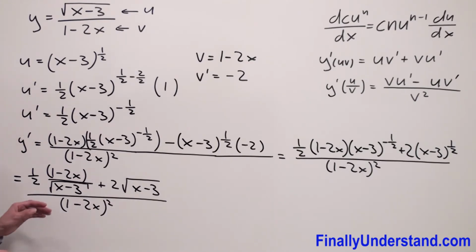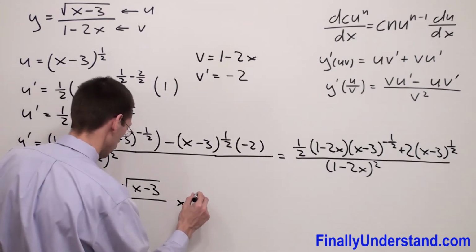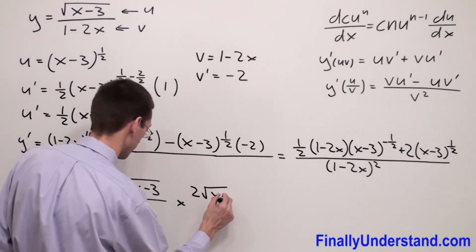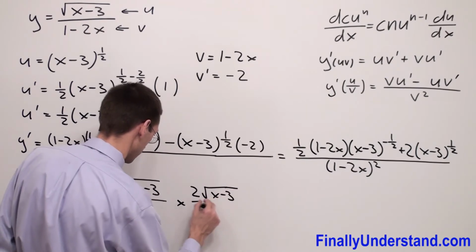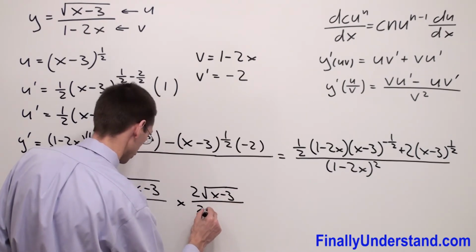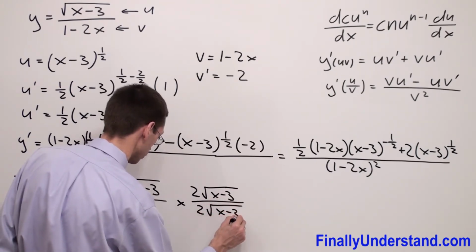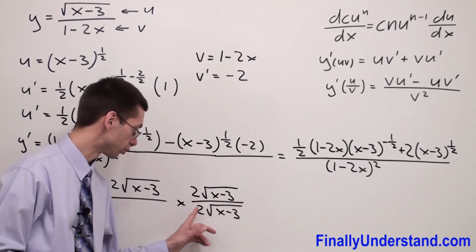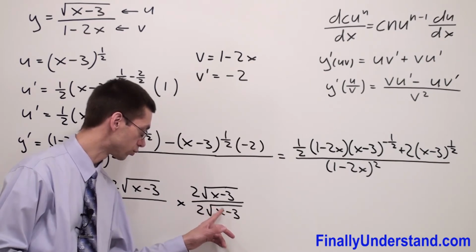Next, I'm going to rationalize this fraction. Okay, I'm going to multiply the numerator and the denominator by 2 square root x minus 3 over 2 square root x minus 3. 2 square root x minus 3 over 2 square root x minus 3 is equal to 1.